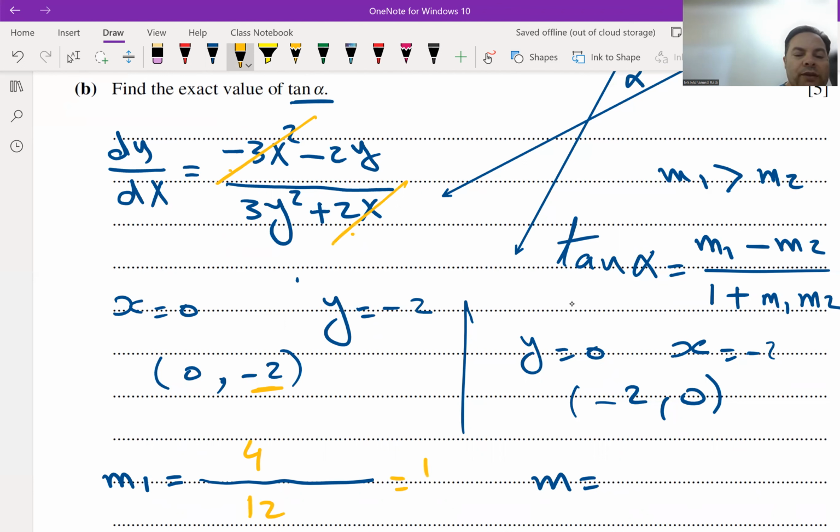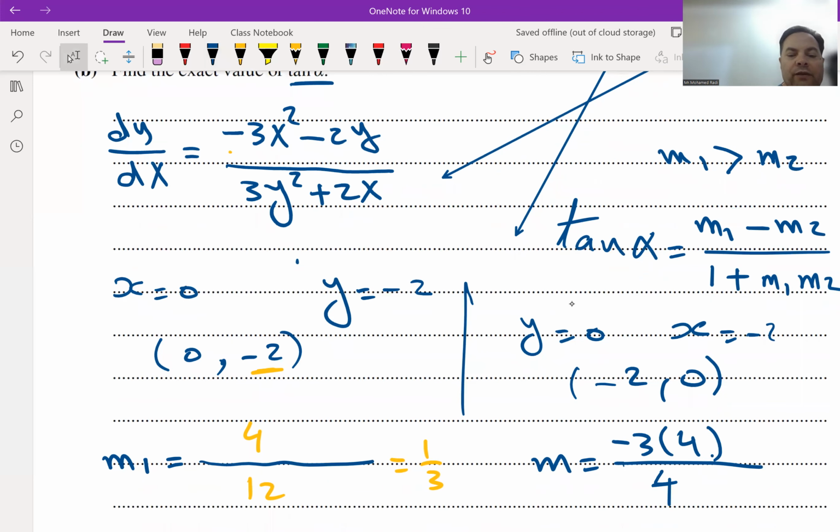Simplify, the gradient is one third. In the same way, substitute negative 2 and 0. x is negative 2, so negative 3 times negative 2 all squared is 4, divided by 2x, 2 times negative 2 is negative 4, with y removed. It will be negative 4 over negative 4. Simplify, your answer will be 3.